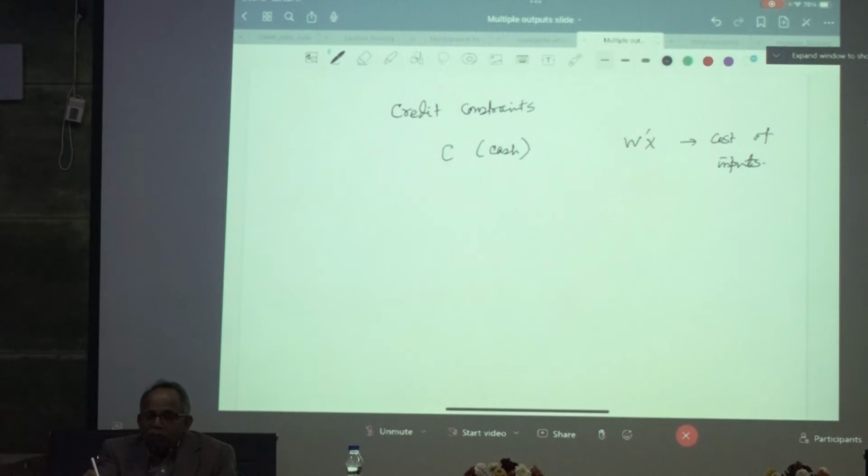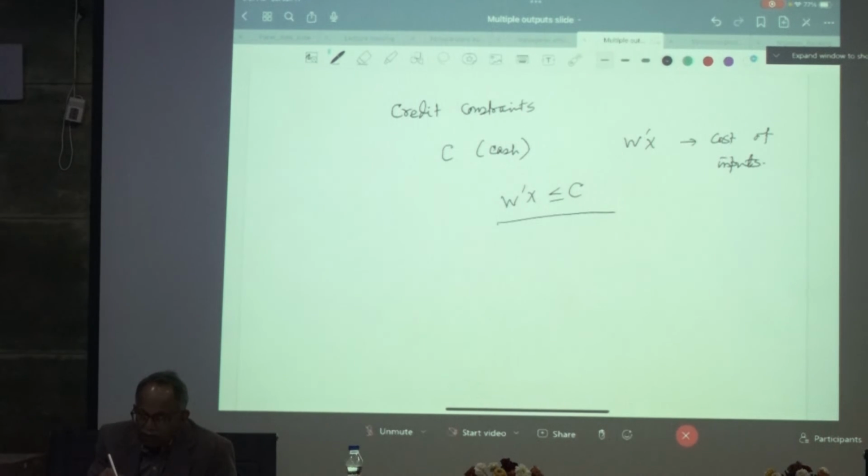So your W'x has to be what? Less than or equal to the cash that you have, right? So when you are talking about using your inputs, you have to use them in a way that this inequality is satisfied, right? Or not inequality, but you can make it also equal, right?